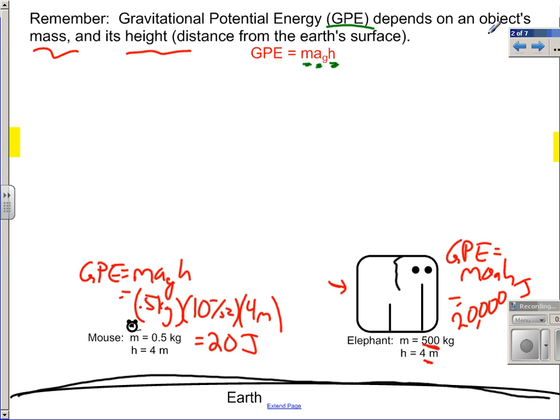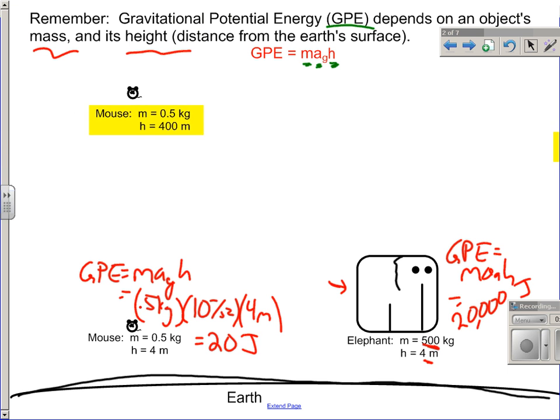The other way you could accomplish the same goal is by giving him more height. So let's take our mouse and lift him up. There he is up here. We're going to lift him way up high. Our new mouse that we've just lifted up still has the same mass, but now instead of being at a height of 4 meters, he's at a height of 400 meters.